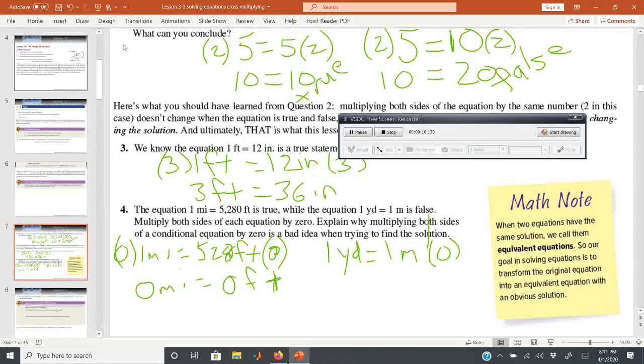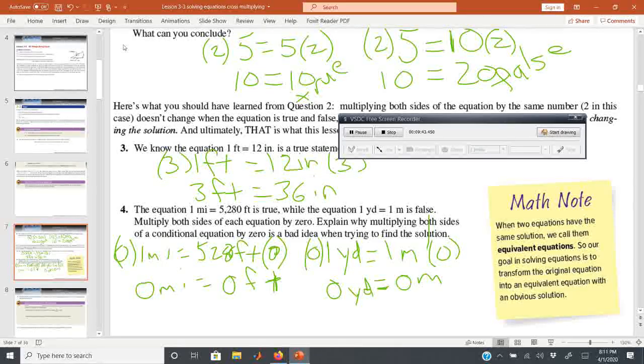So if I have 1 mile equals 5,280 feet, multiply by 0, multiply by 0, I get 0 miles equals 0 feet. That's still a true statement.